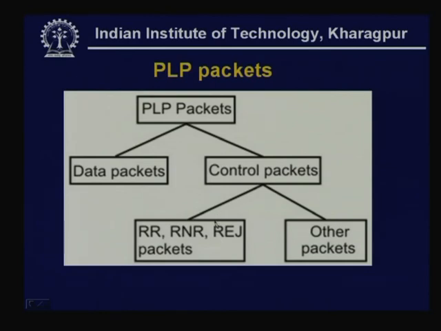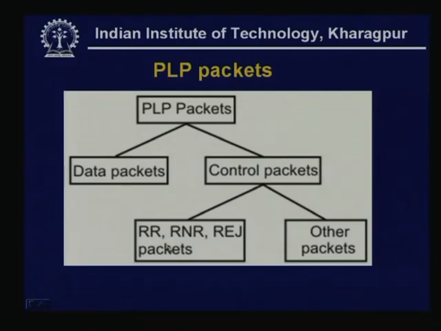One purpose is, as you know, to perform flow control and congestion control. This can be done with the help of packets like RR, which stands for receive ready, RNR, which stands for receive not ready, and REJ, which stands for reject packets. So, with the help of these three types of packets, it is possible to perform flow control and error control, not congestion control.